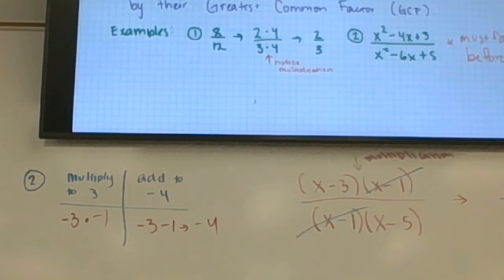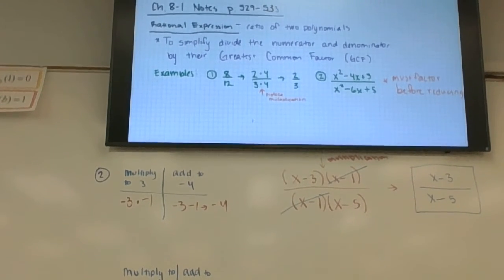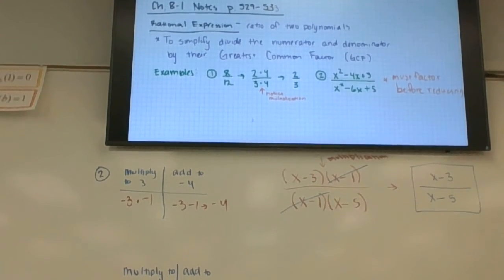You don't even need the parentheses now. That's the answer. So factor and then reduce. Which is exactly what you did in Ballard, but you're factoring numbers and now you're factoring polynomials. So this note is really important. Must factor before reducing. That's the key of the whole lesson.